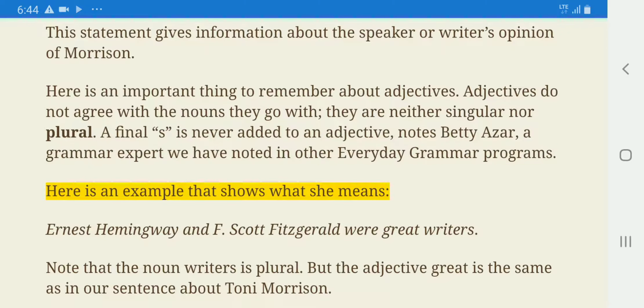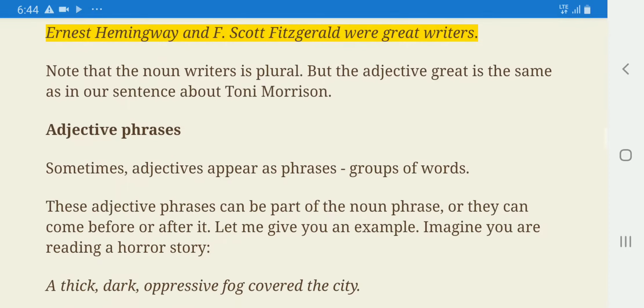Here is an example that shows what she means. Ernest Hemingway and F. Scott Fitzgerald were great writers. Note that the noun writers is plural, but the adjective great is the same as in our sentence about Toni Morrison.